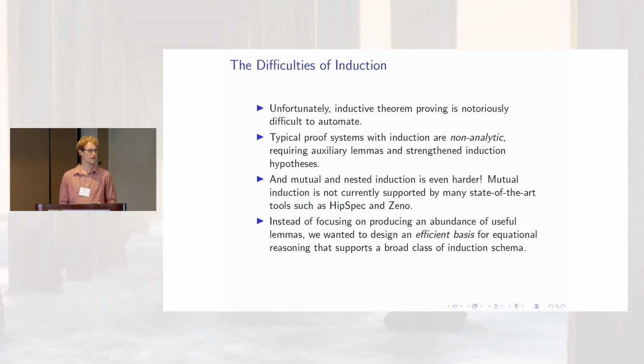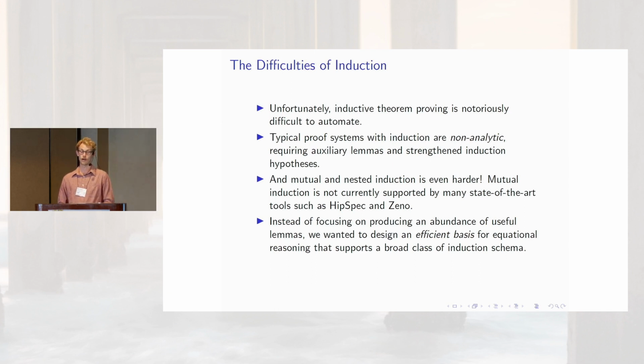It's worth noting that many tools have made great progress in this area through generalization or more recently theory exploration. But when we're considering mutually inductive structures, the situation is even harder because not only may our original induction hypothesis be insufficiently strong, but we need a complementary induction hypothesis about the other structures. And this is going to have to be entirely synthesized and maybe seemingly unrelated to the first.